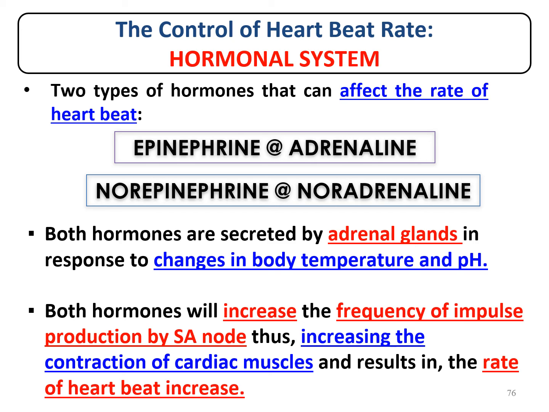Both hormones will increase the frequency of impulse production by the SA node, then increase the contraction of cardiac muscle. The hormonal system just involves the secretion of epinephrine and norepinephrine into the bloodstream.